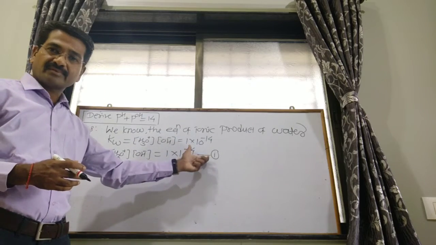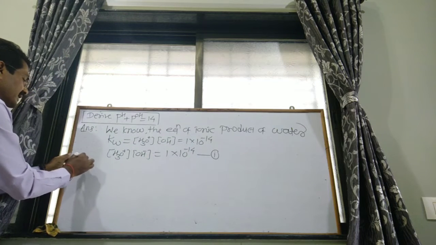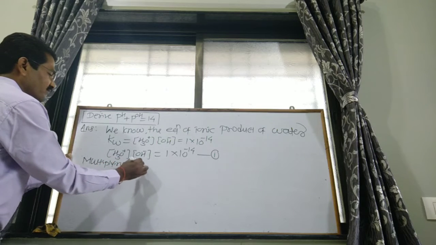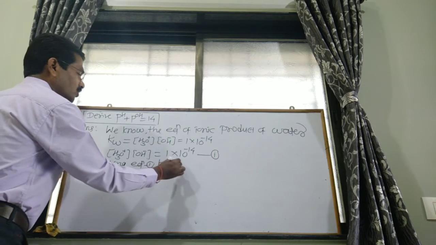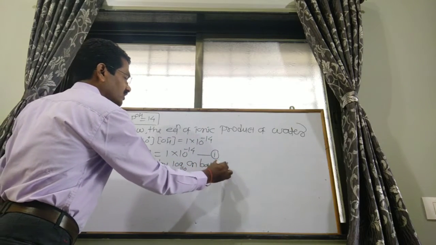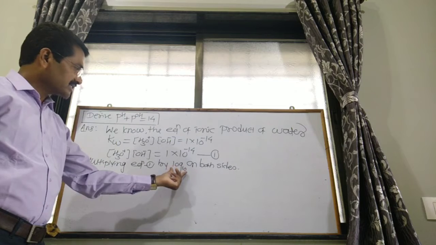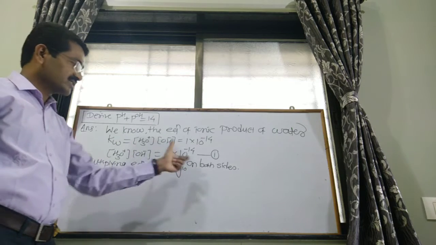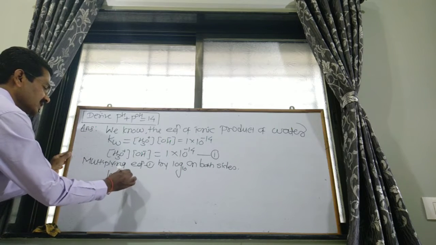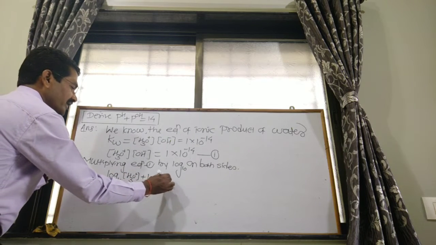So we get log to the base 10 of the concentration of H3O+ times the concentration of OH-.